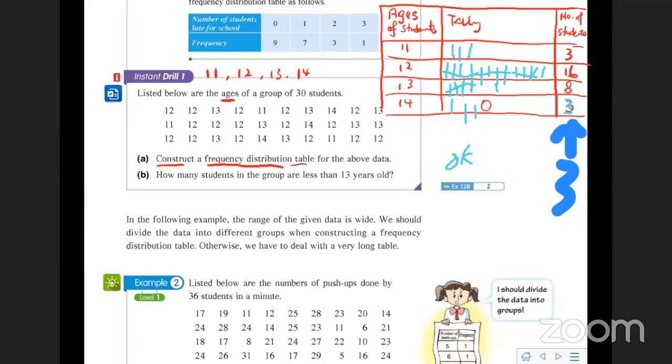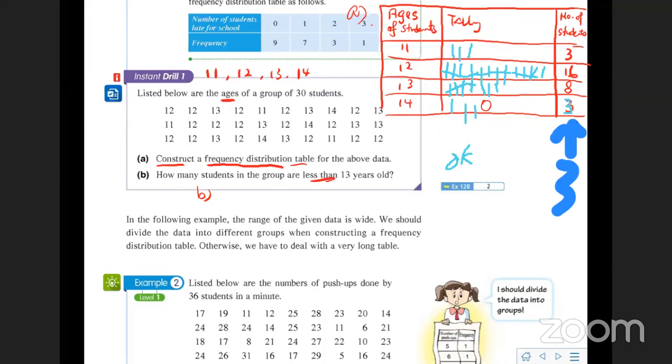Then you double check. Try to add all these together. See whether you can get 30. Now in this case, this is part A. For part B, how many students in the group are less than 13 years old? Less than.